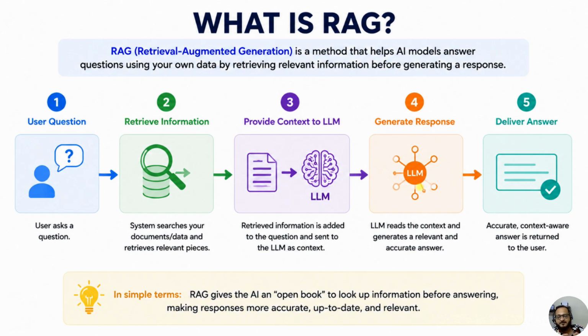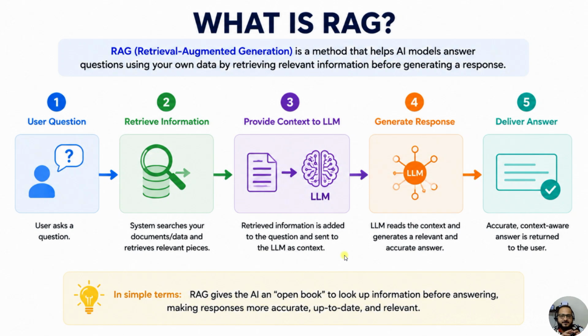Then it will move that prompt and that context to the LLM, and finally the LLM can give you an accurate answer. RAG mostly provides 99% correct information. It can also provide some fabricated information if your database is not up to date.